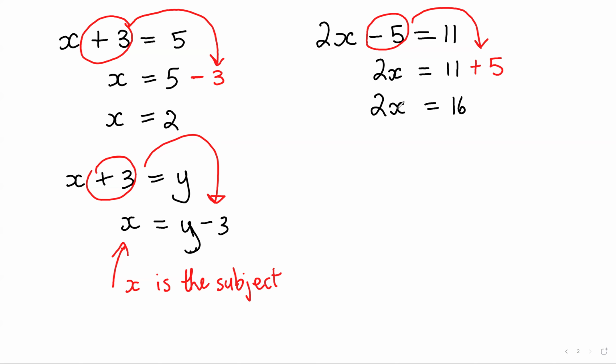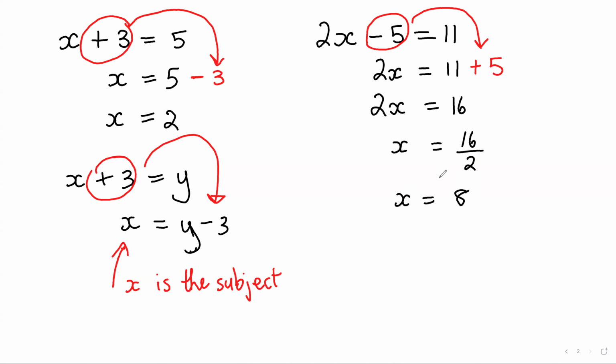Well, 2x literally means 2 times x, and the opposite of multiplication is division. So if I want x by itself, I've got to transpose this 2 to the other side, which means I'll have to divide by it because on the left-hand side, it is being multiplied. So x is equal to 16 divided by 2, which makes x equal to 8.